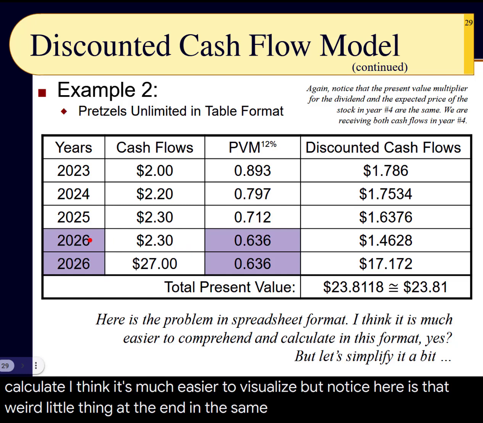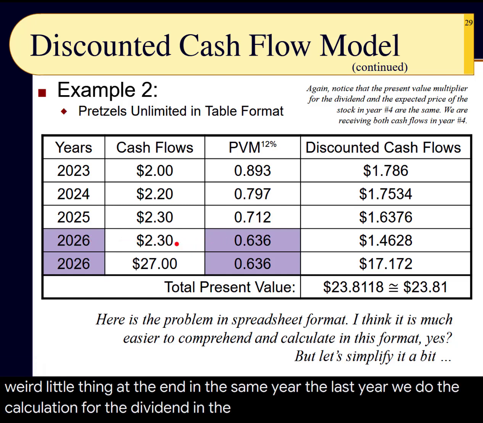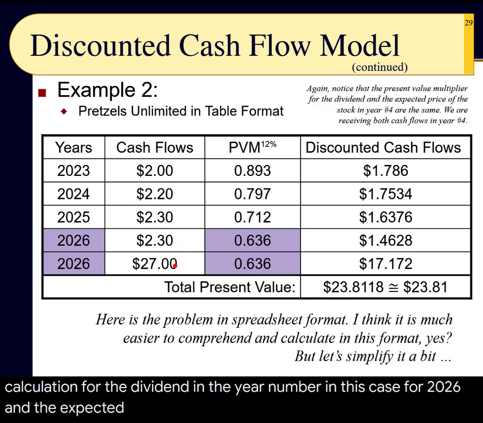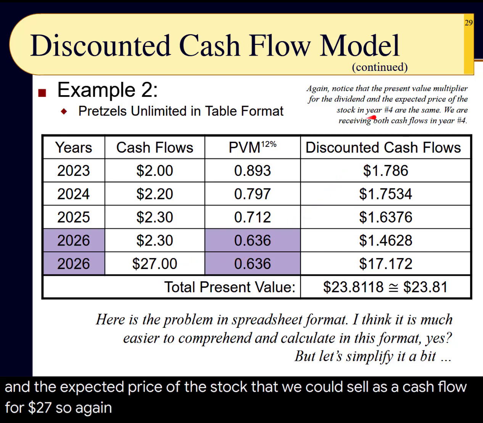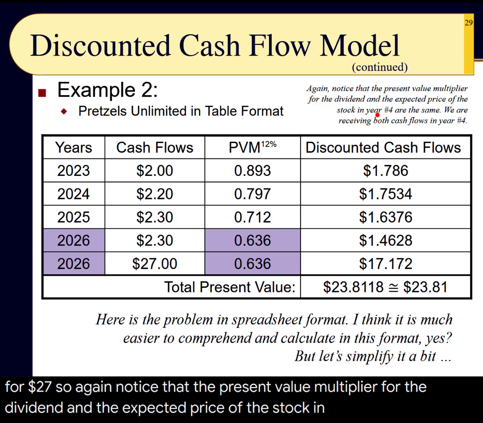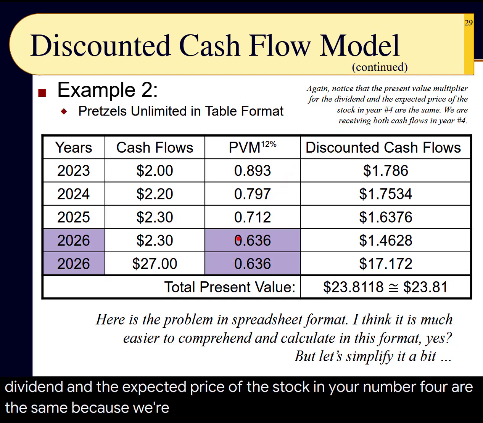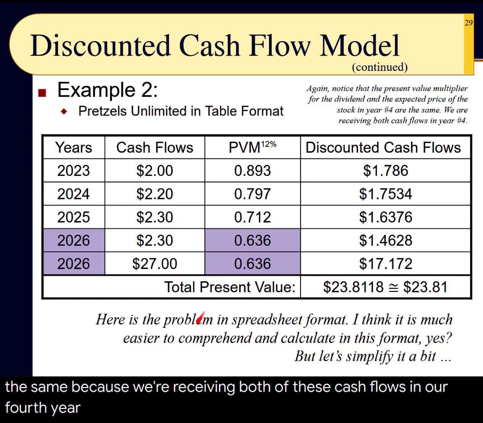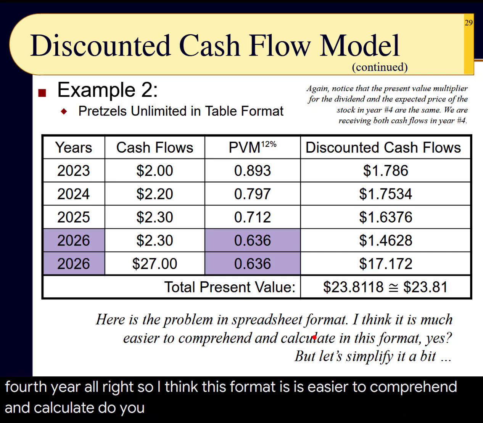In the last year, year number 4, 2026, we do the calculation for the dividend and the expected price of the stock that we could sell as a cash flow for $27. So again, notice that the present value multiplier for the dividend and the expected price of the stock in year number 4 are the same because we're receiving both of these cash flows in our 4th year. All right, so I think this format is easier to comprehend and calculate. Do you? I think so.